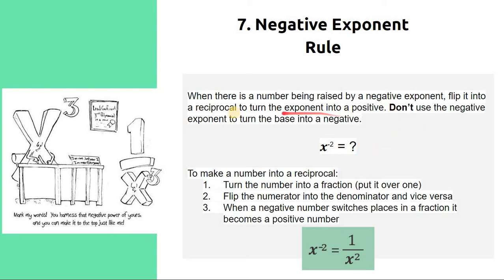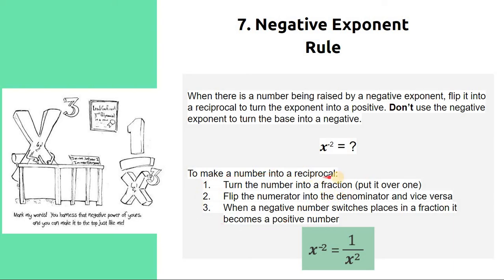So, don't use the negative exponent to turn the base into a negative. So, kapag negative, of course, hindi mo siya matuturn into negative. Negative is to positive. Positive is to negative, vice versa. But ang pinag-uusapan natin dito is negative exponent. So, always remember na ang katumbas ng negative exponent ay positive exponent.